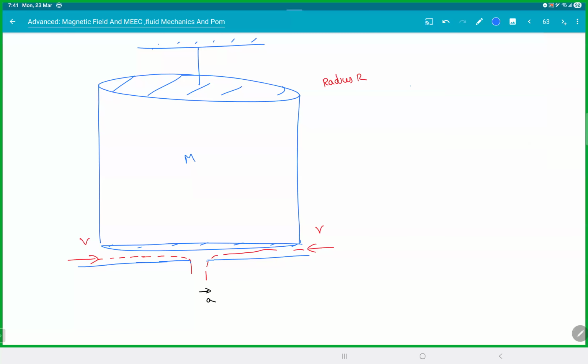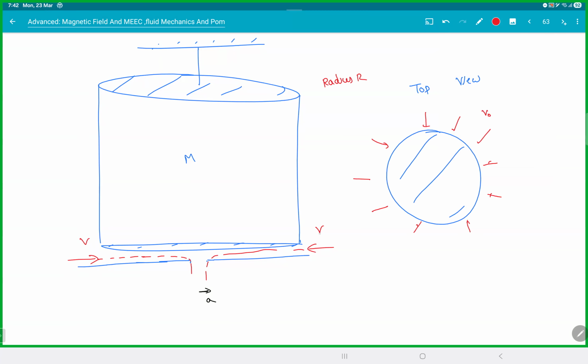Meaning, if you see the top view, this is the cylinder. The liquid is entering from all directions with speed v naught. So the liquid is going radially and there is a hole there and the liquid falls inside.